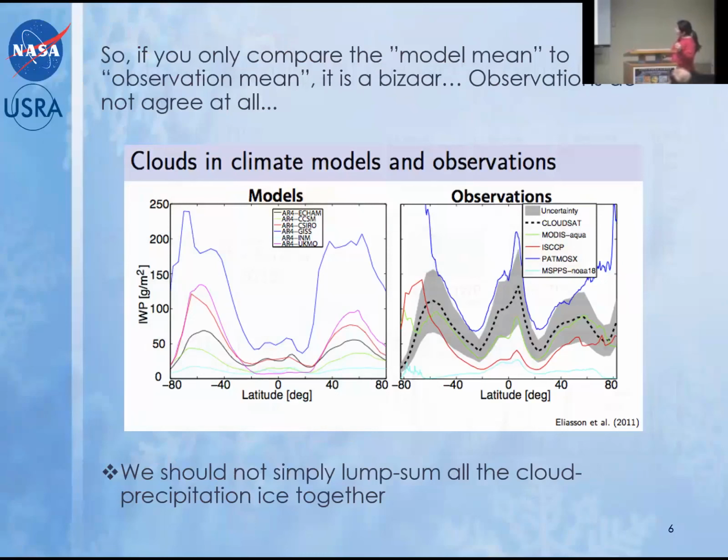The gray area includes the CloudSat observation, which we treat as the standard here. So that's why we need consistent observations for comparison to the models. We cannot simply lump all the cloud and precipitating ice together for any comparison against the models.